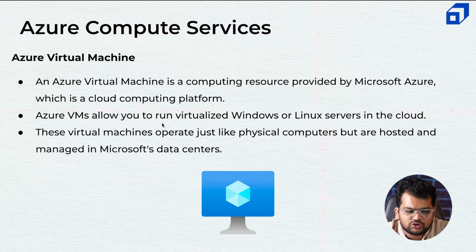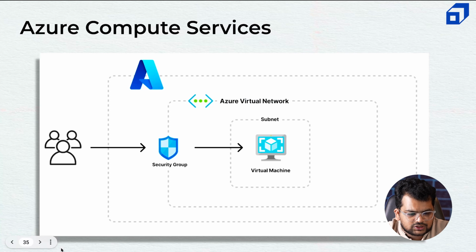Azure VMs allow you to run virtualized Windows or Linux servers in the cloud, right? So this is about the virtual machine. We'll know more detail about how you can create your own virtual machine when we do the hands-on part. So guys, this is basically how the virtual machine works.